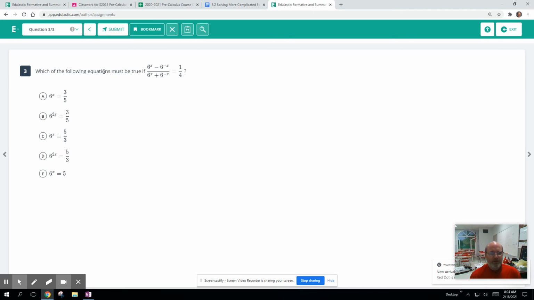But what you'll see is, I think they'll say, which of the following equations must be true? If it's not something like 1 or something that you can very easily see, it will be something like this where you'll have to figure out which of these equations would have to be true.